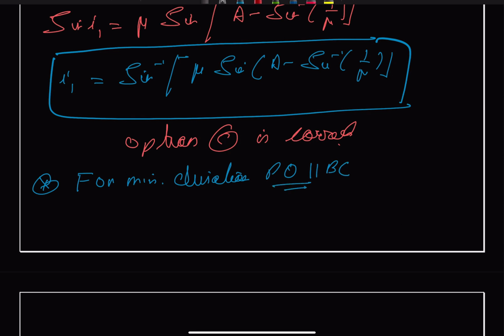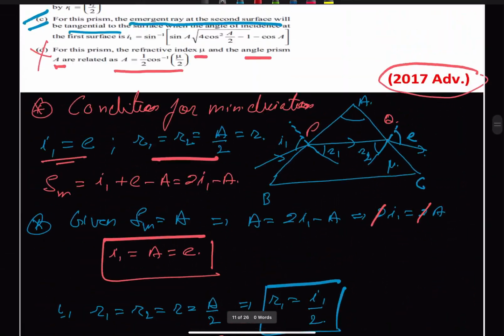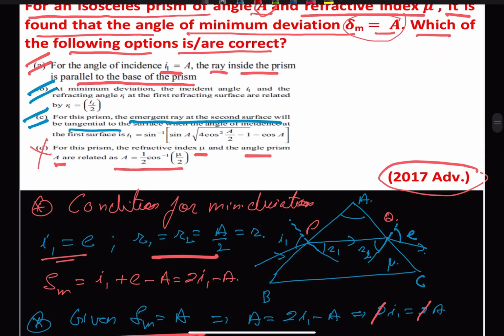So therefore option A is correct. So we have three options A, B, C correct. Option D is incorrect, because here we get 2, not 1 by 2.